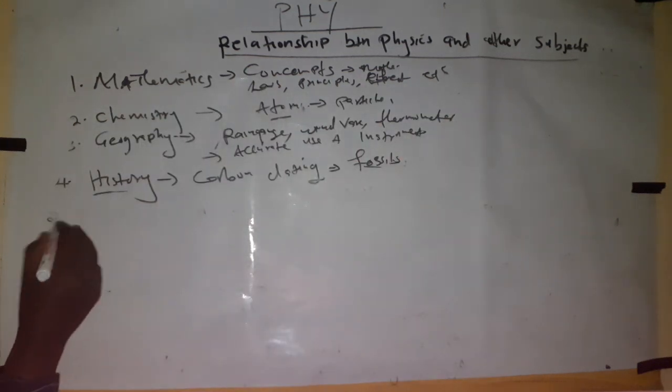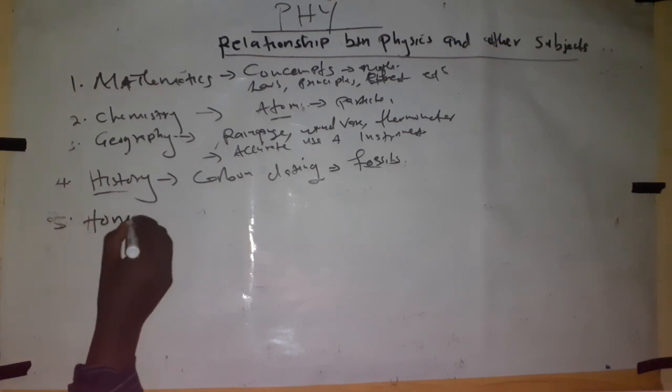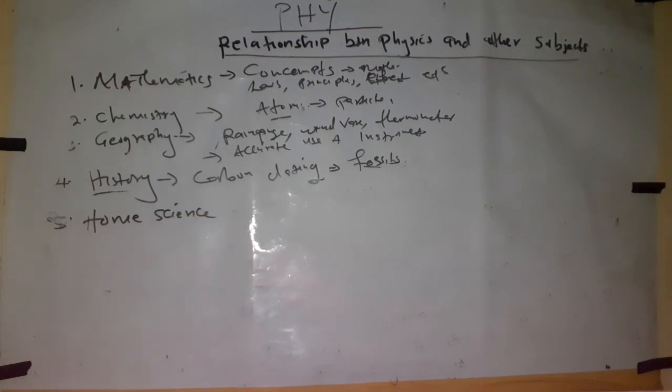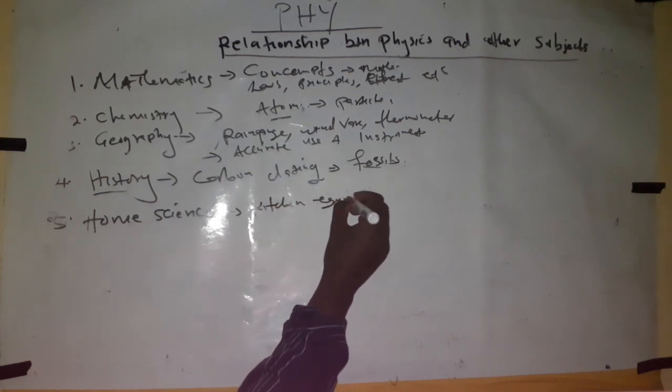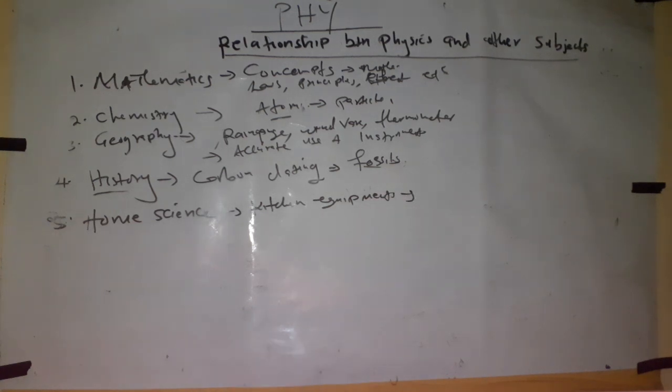Then we go to our fifth subject, which is home science. How is physics related to home science? Remember, in home science, we use kitchen equipment. You have, for example, the microwave oven, the fridge, the Jikos, among many others.